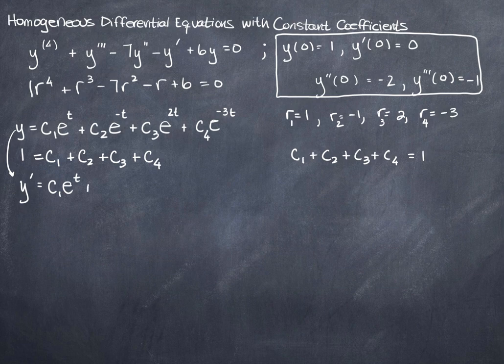The next term, c2 e to the negative t, the derivative of that is the first times the derivative of e to the negative t. Well, e to the t has a derivative of itself, and then I'm taking the derivative of the inside function here. Derivative of negative t is just -1, plus the second times the derivative of a constant, so plus 0 again.